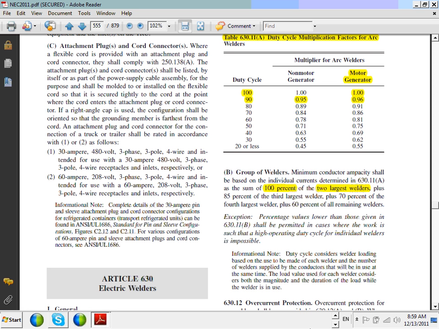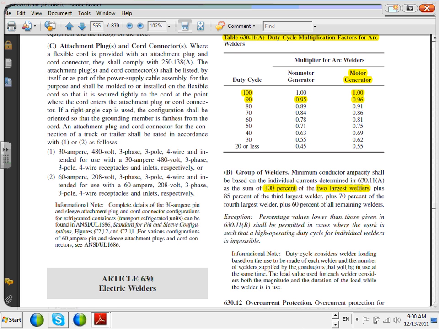Do you see this here? It says the two largest, you multiply them by 100%. Does that make sense? Can you guys see that? The two largest are multiplied by 100%. Then 80% of the third largest, 70% of the fourth largest, and 60% of the remaining welders.